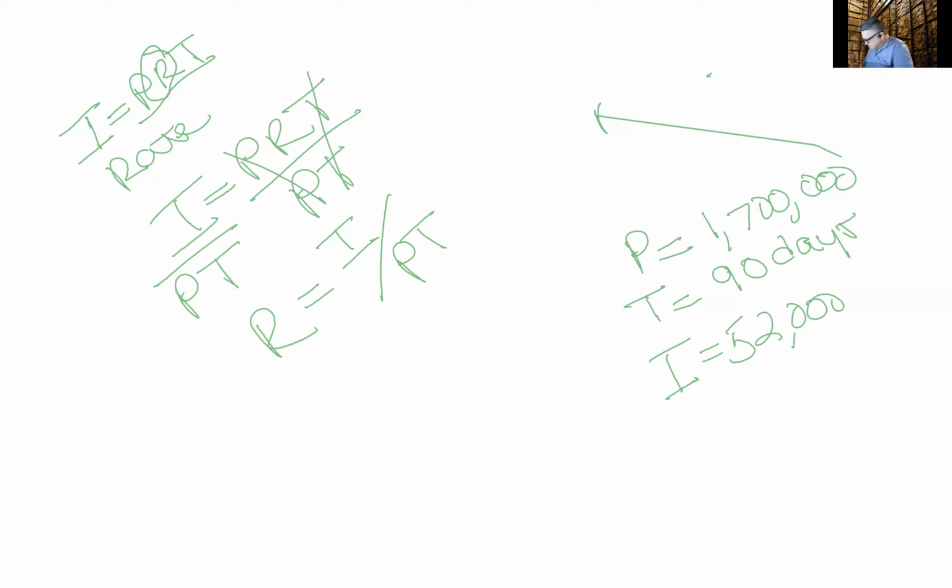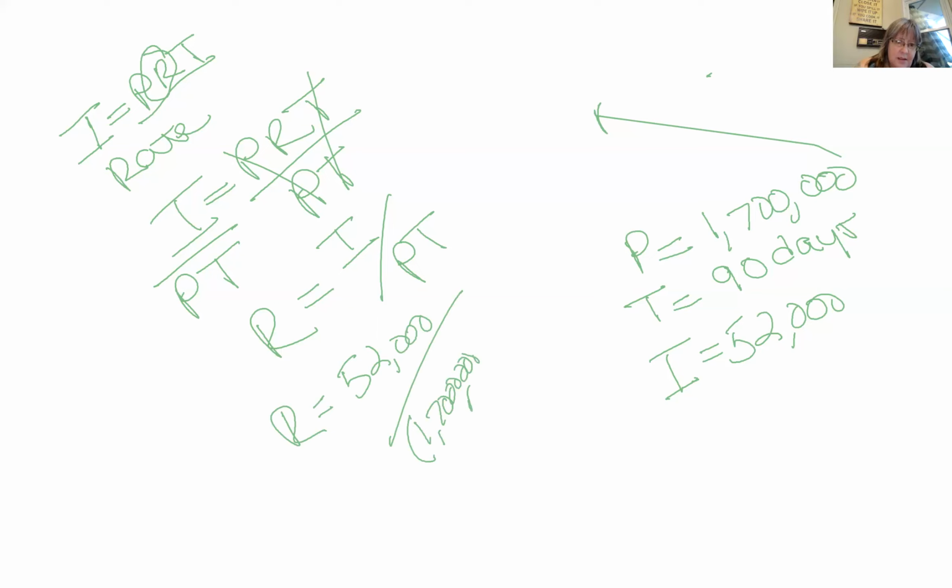So the rate is going to be equal to your interest, which is 52,000, divided by the principal, which is 1.7 million, times your 90 days over 365.